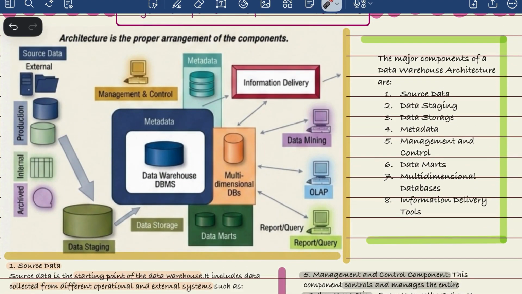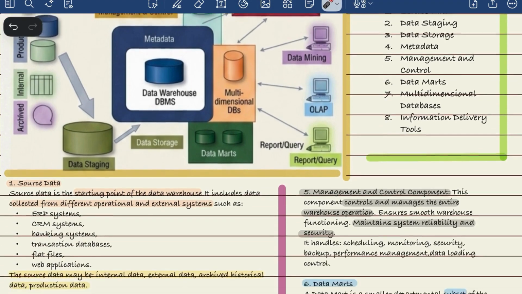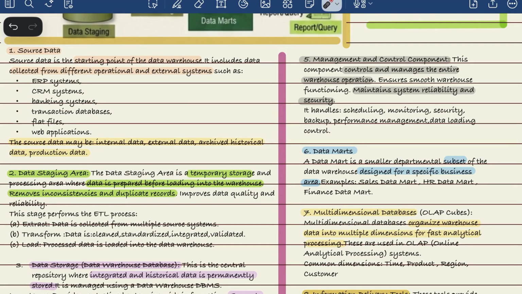Then comes the management and control part. You see there is management and control in the yellow part. So what does management and control do? It is the automated boss that schedules tasks behind the scenes. It is the background boss. It handles the scheduling and the security gates.